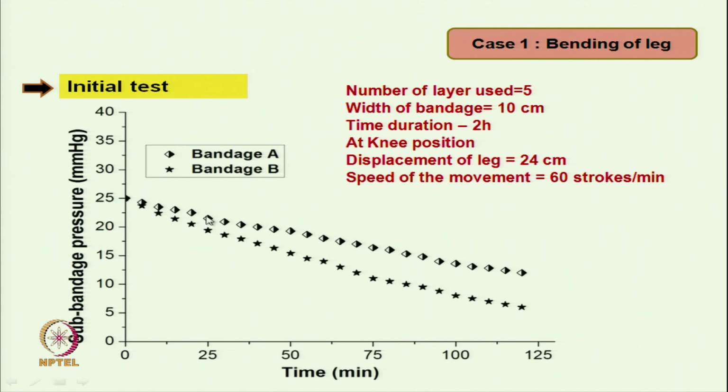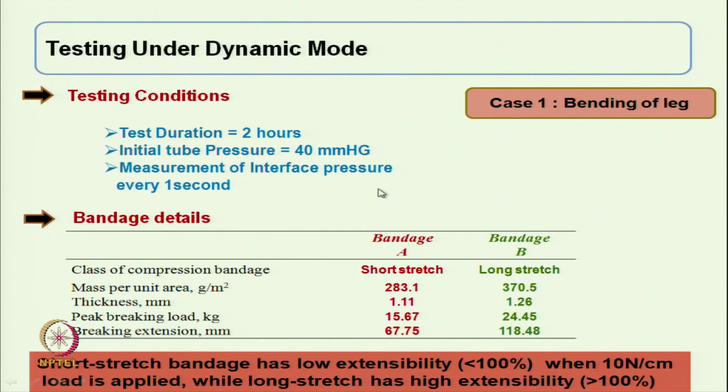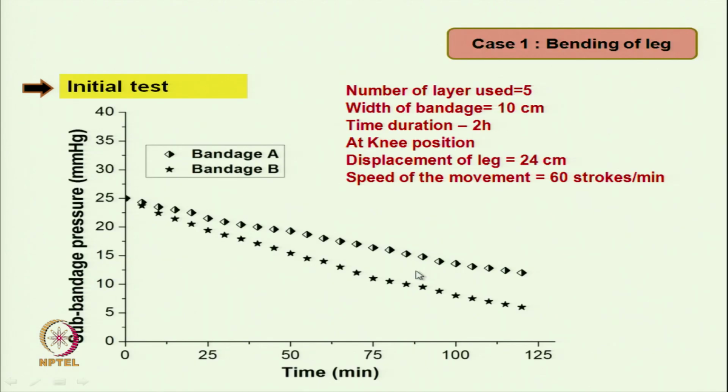What has been observed: bandage A was a short stretch bandage, and bandage B was a long stretch bandage. In case of bandage B, the sub bandage pressure drop was higher than the short stretch bandage, keeping the initial pressure the same.